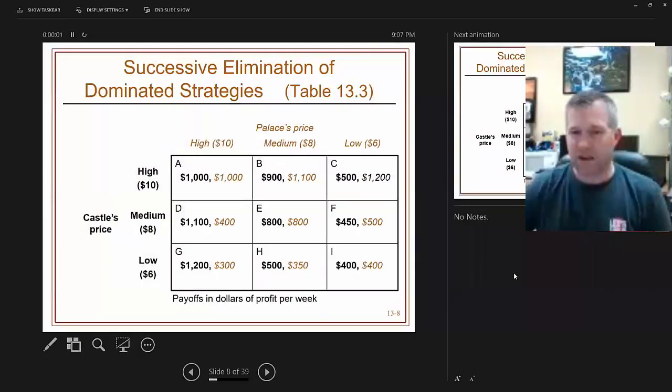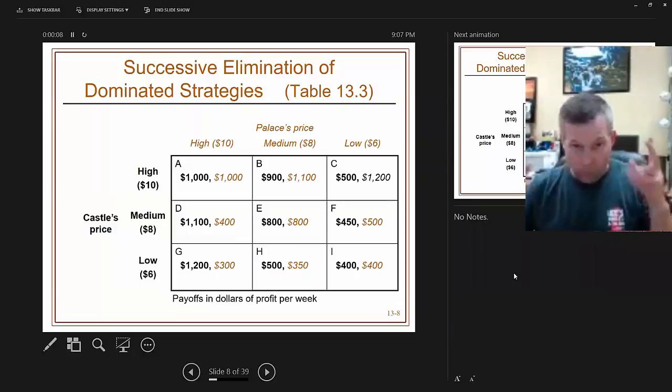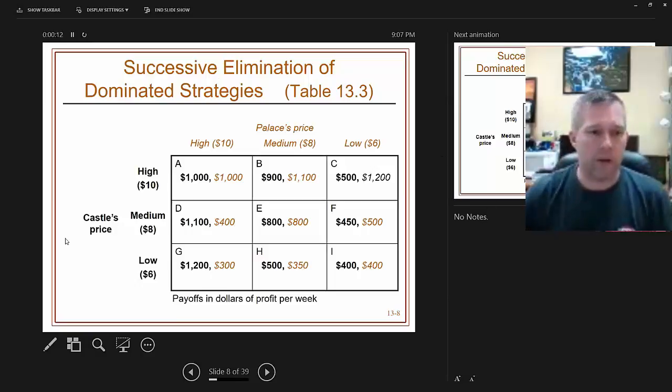Basically how I'm defining a round is you allow each side to make one choice or one set of choices. So with this castle versus palace, we would say that if palace is going to charge high, then castle, choosing between 1,000, 1,100, and 1,200, would choose low. If palace is charging medium, then castle would choose between a $900 return, $800, or $500 payoff profit.